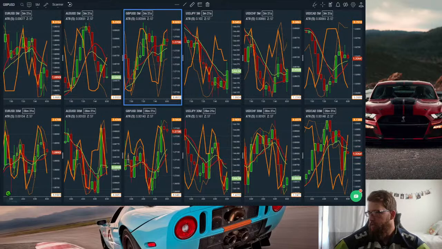Oh, it's too small. Yeah, I'm gonna have to mess around with this to make this easier to use. It's just too small.